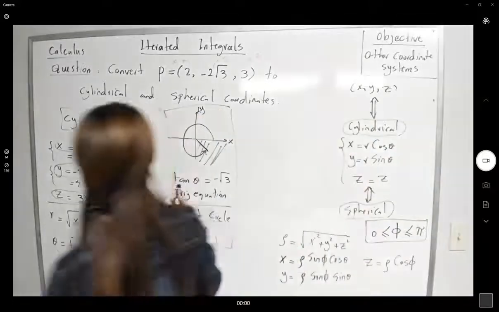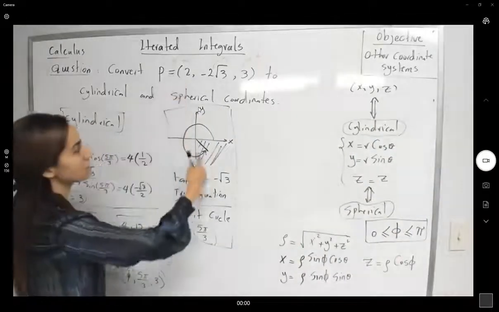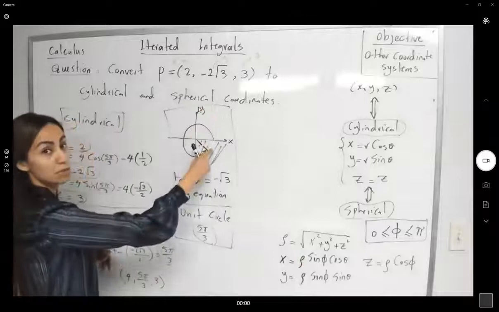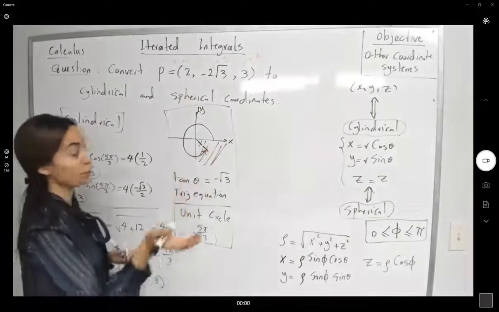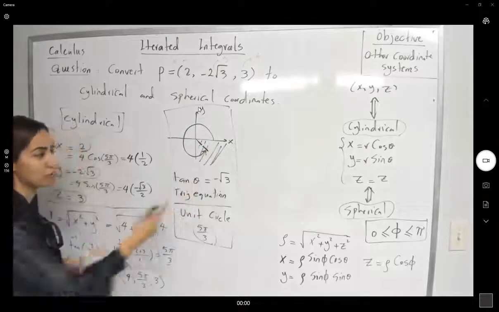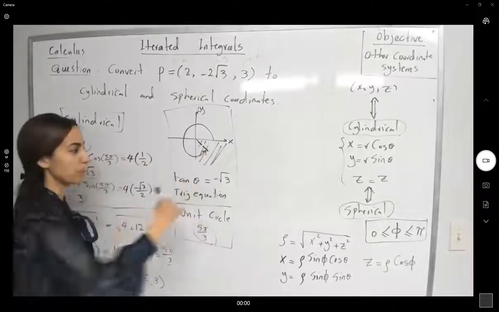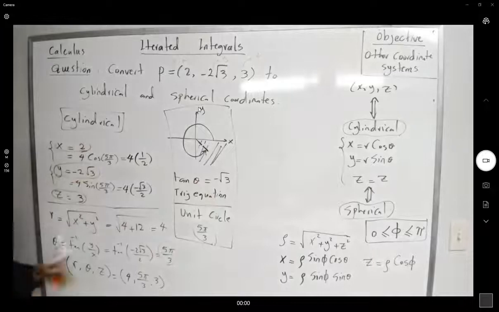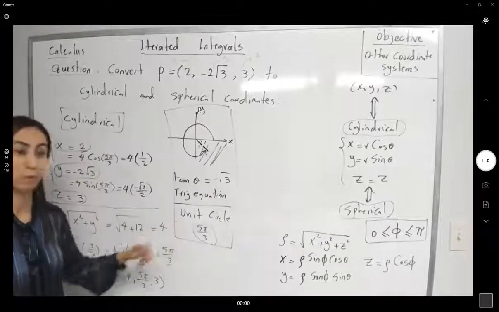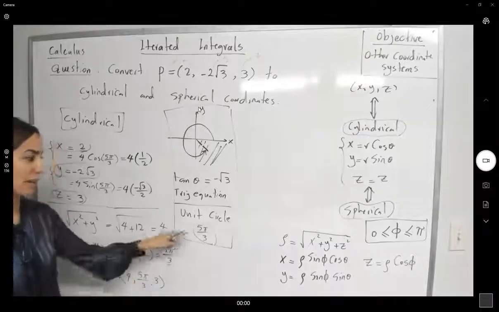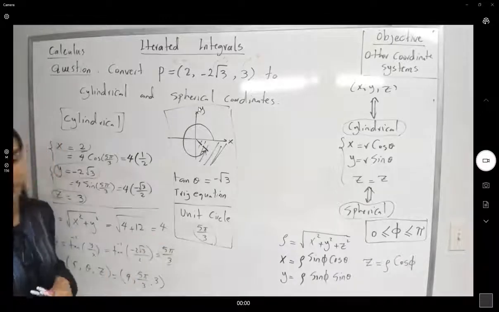So remember that here, this point x is positive and y is negative. It means that you are in the 4th quadrant, and using the equation to solve for an angle, tangent of theta is equal to y divided by x, which is negative square root of 3. And using trig equations and going back to the unit circle, you need to memorize some of the important angles. The angle is 5 pi over 3.